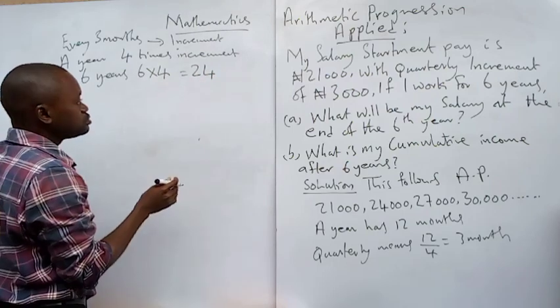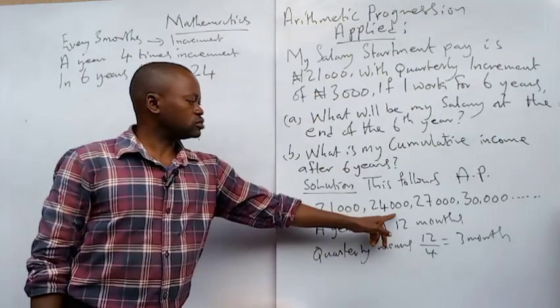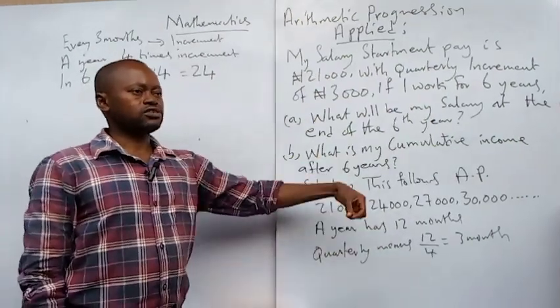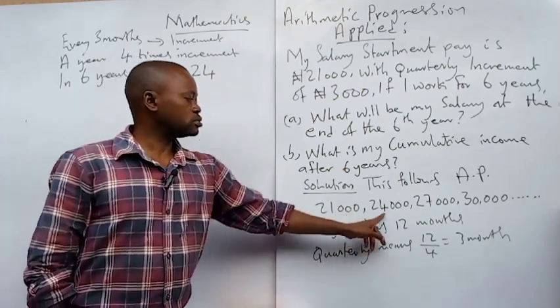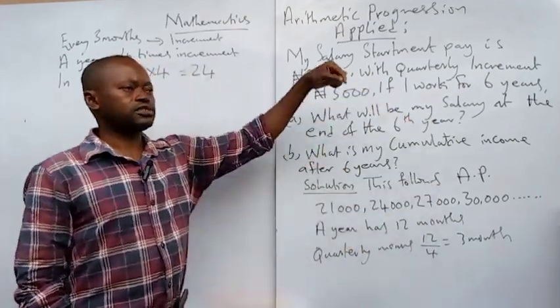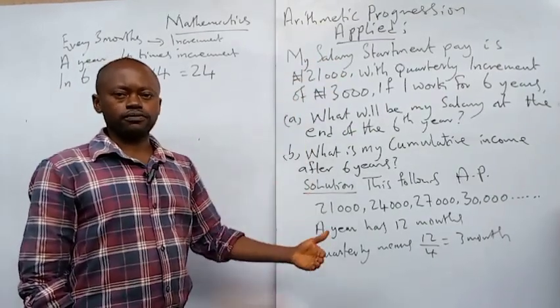Do you understand? If this increment continues, the point at which this person is asking what will be my pay is when we have 1, 2, 3, 4, 5, 6, until we get to term number 24.